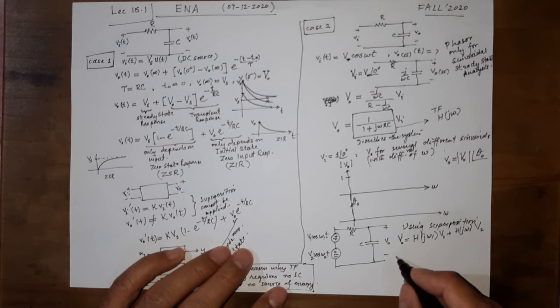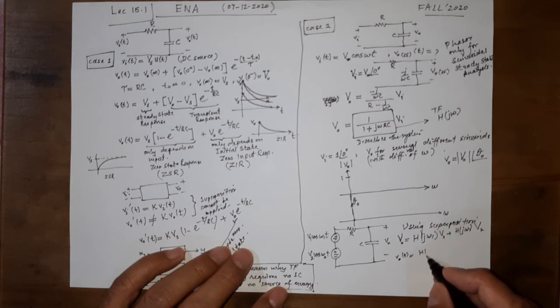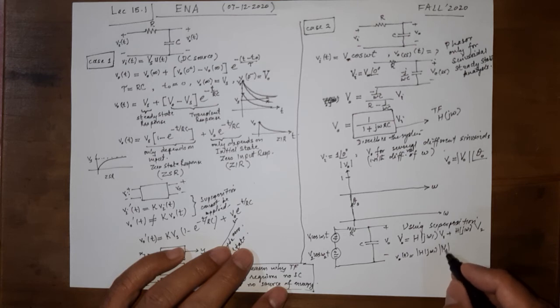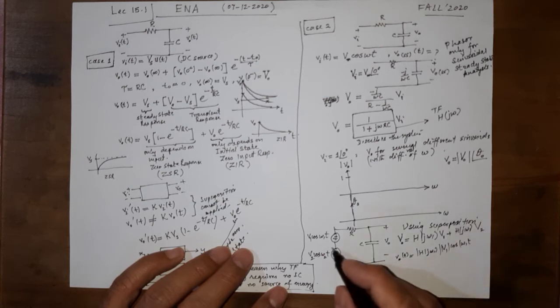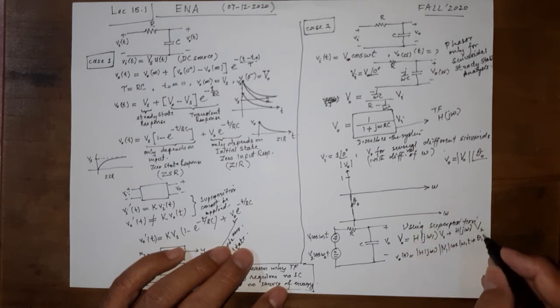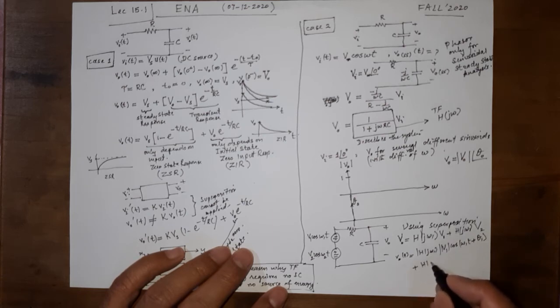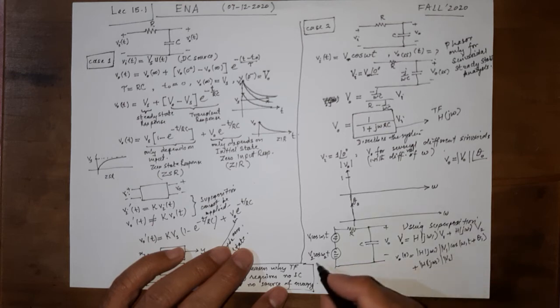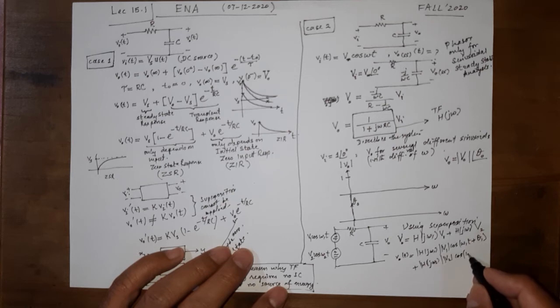In the time domain, we can write this V naught t to be equal to the magnitude of h of j omega 1 multiplied by the magnitude of V1 into cos of omega 1t, the frequency of this source, plus the phase angle of this, let us call this phase angle theta 1, plus the magnitude of h of j omega 2 into the magnitude of the input V2 into cos of omega 2 t plus theta 2.